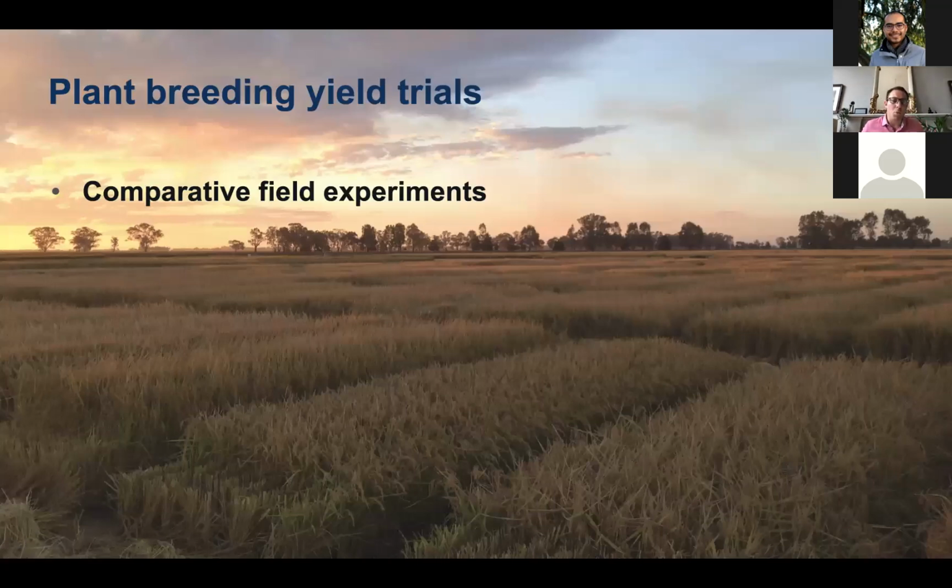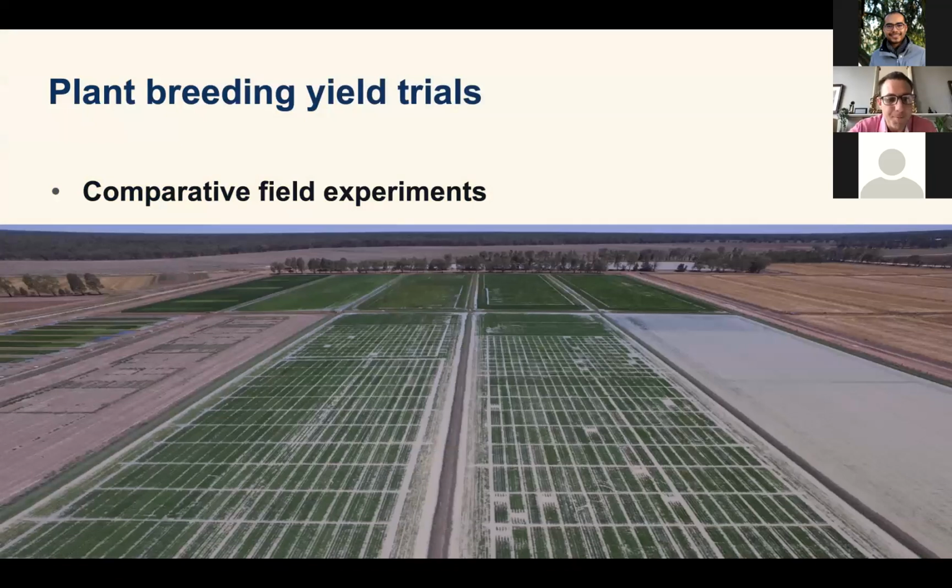So what are plant breeding yield trials? Well, they're comparative field experiments. I've got a nice photo here from a collaboration back in Australia with the Australian rice breeding program, and these are actually some rice plots. What's a bit more informative is this next picture. I'm not going to go over it too much because a lot of the people in this forum have seen field trials and yield trials.